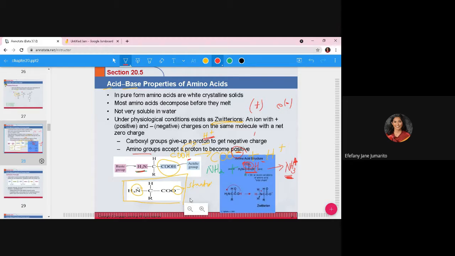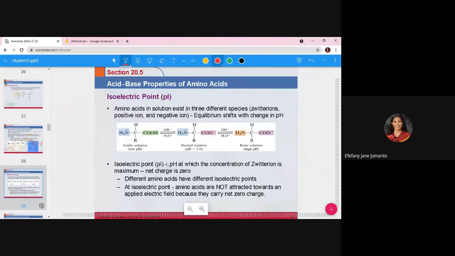So both ions coexist, both the positive and the negative charge, but again, no net charge. When we say net, it's the summation. So positive plus negative will become 0. So that's no net charge. That is a zwitterion: no net charge, and positive and negative ions coexist.